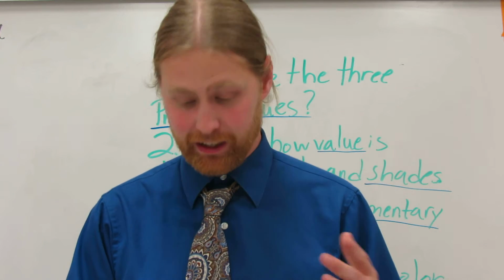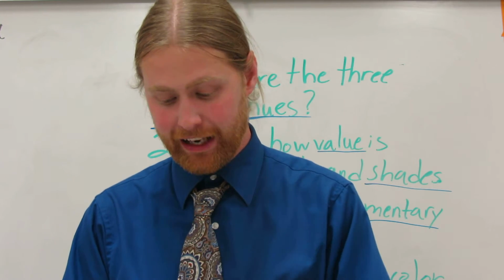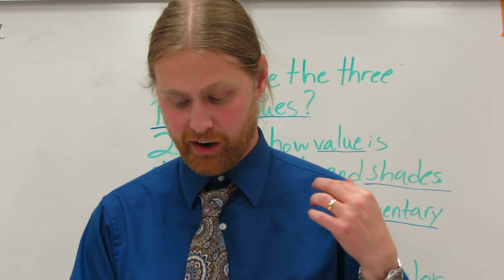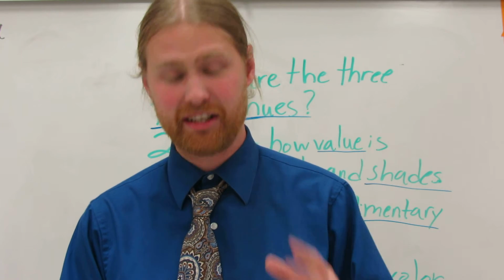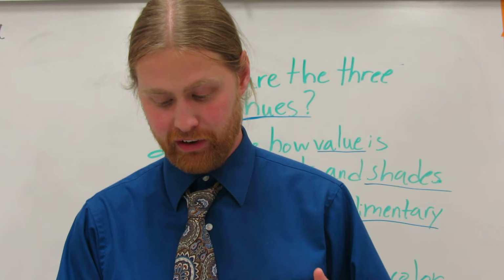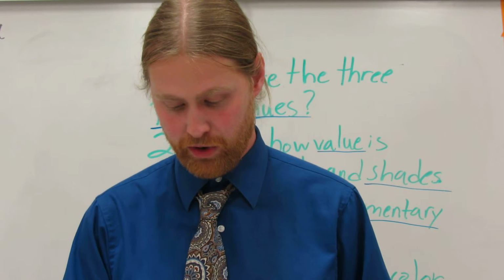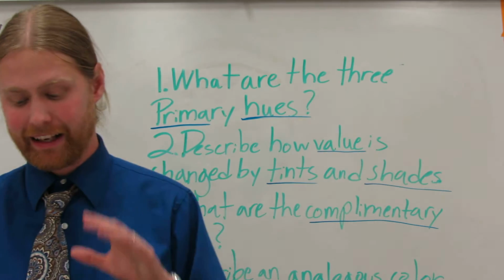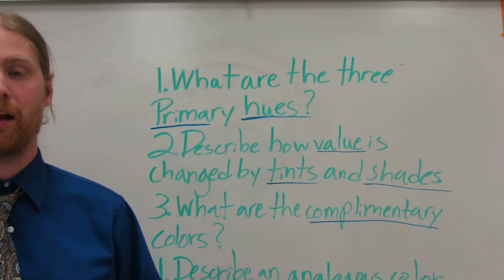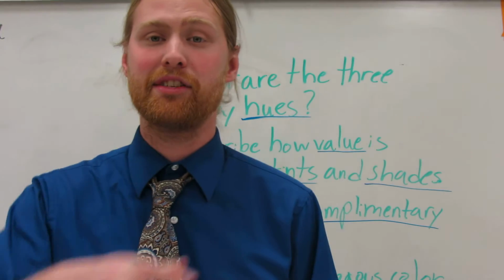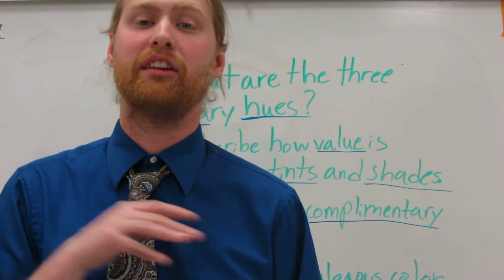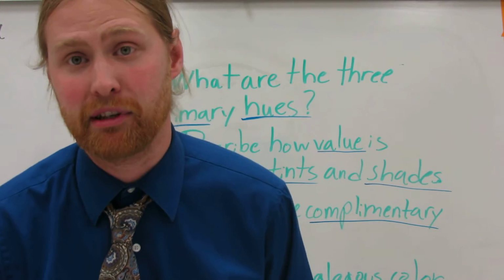So analogous color schemes. Analogous colors are colors that are side by side on the color wheel and share a hue. Okay, so you've got red-violet, red, and red-orange. They're analogous; they share the hue red. Analogous colors in an artwork can tie one shape to the next. These are colors that look good together because they are very similar, right?